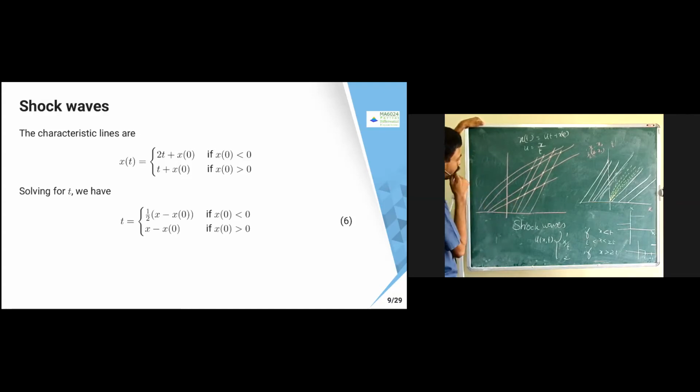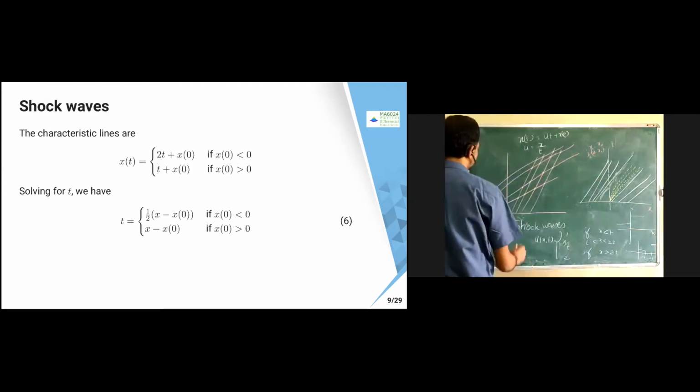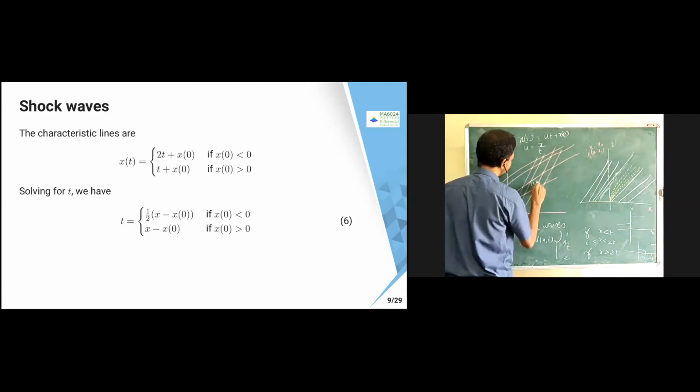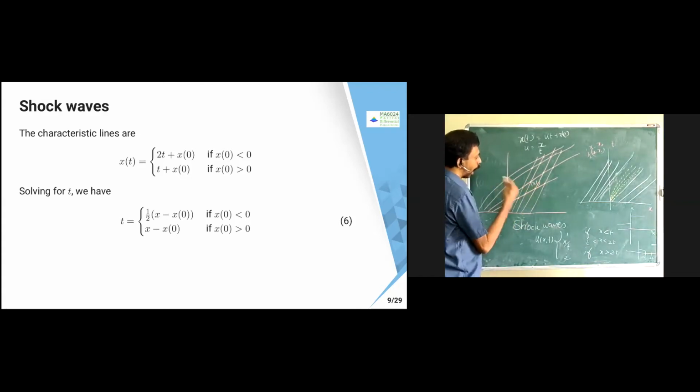So if you see the yellow dotted lines, what is going to happen? Suppose I am just sitting over here, let's say at this place, x, t. Now I have to identify from which characteristic curve I came, from which wave I came. Whether I came from this wave, corresponding to this characteristic curve, or from this curve. Because I am sitting here, and both are intersecting here, I am getting confused whether I reached from here or from here.